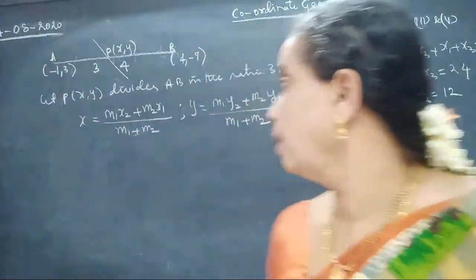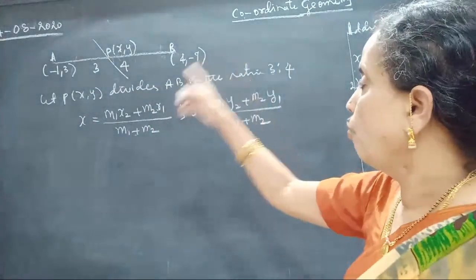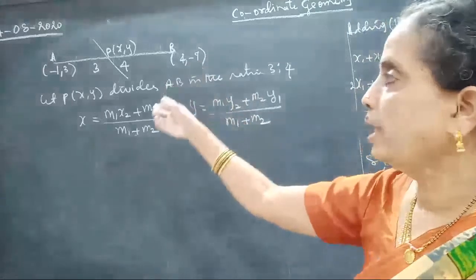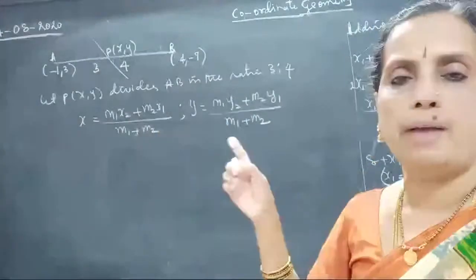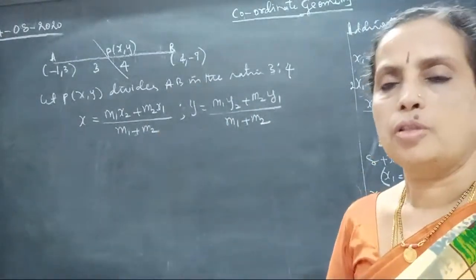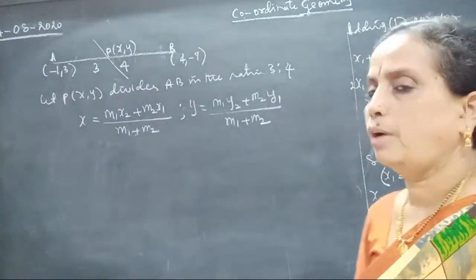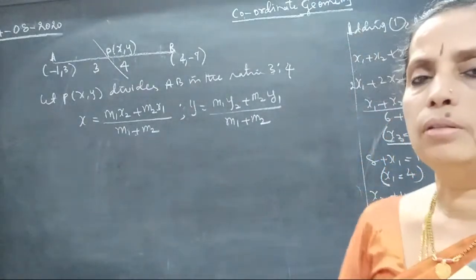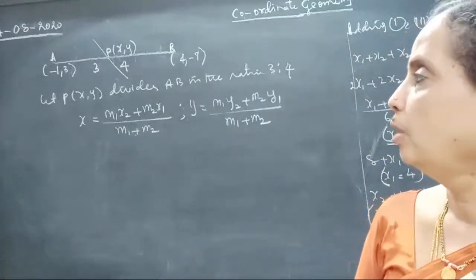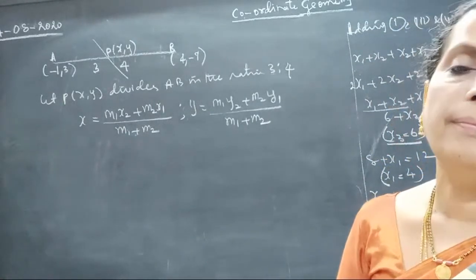Here x1, x2, y1, y2, m1, m2, everything is available in the figure. Substitute, you will get the values of x and y. They are the coordinates of the point P.